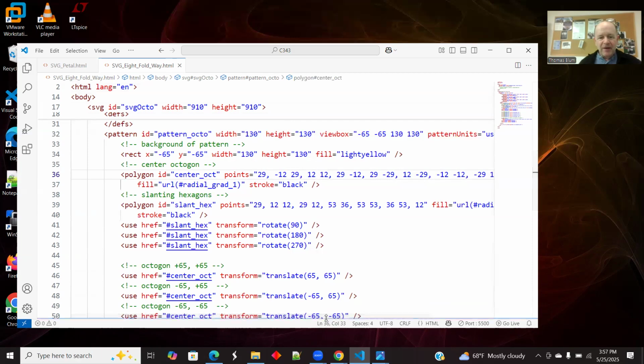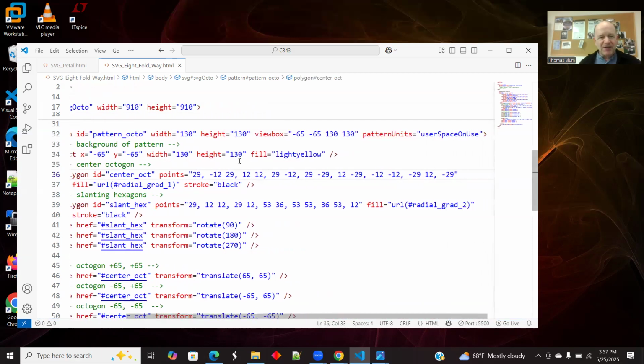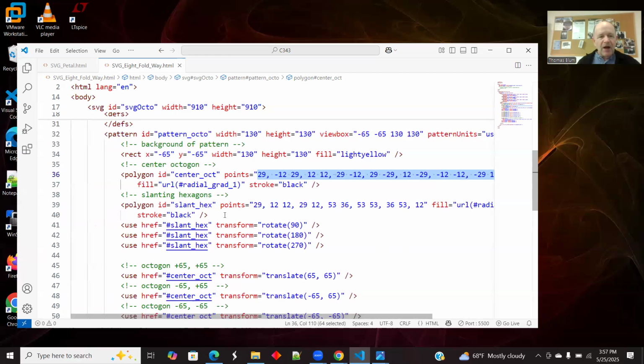And here is my set of points to make my center octagon. And as promised, it's all those 12s and 29s, basically all combinations of 29 and 12. I gave it the radiant. I gave it a black stroke, a black borderline.